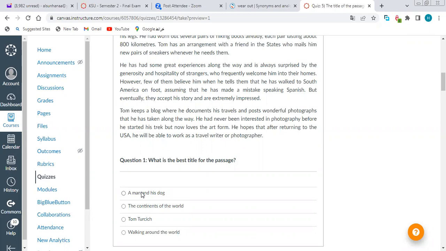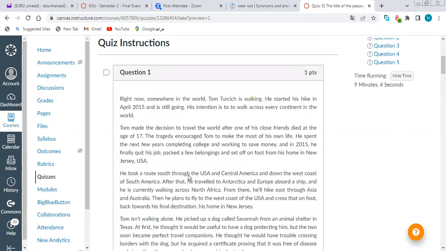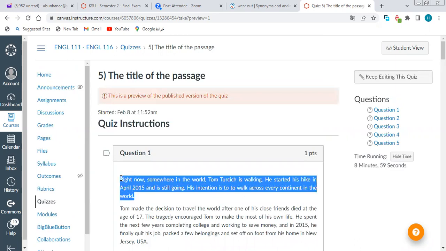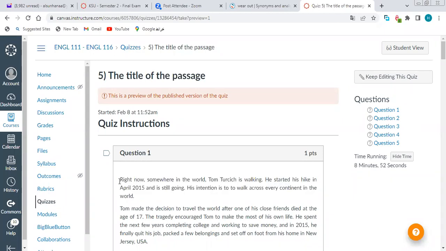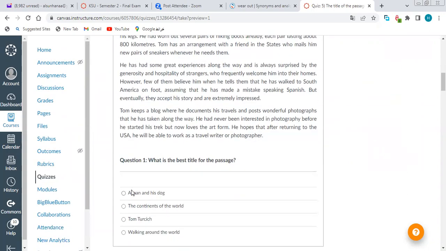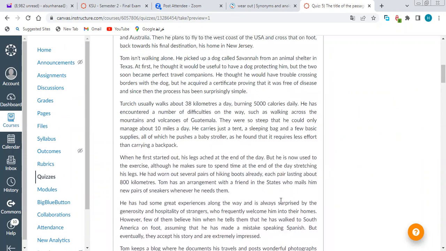Not a specific paragraph. For example, in the first paragraph, I'm speaking about something specific, but I need the best title for the passage, from the first paragraph to the last paragraph. What is the best title?